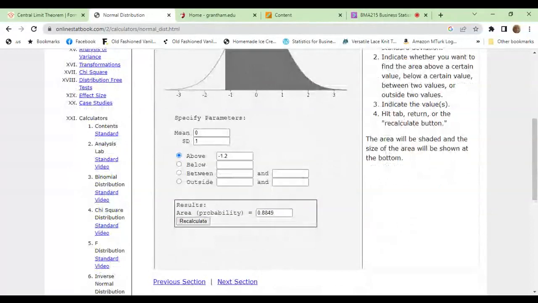Okay, so don't overthink this because this calculator gives us the answer right away. So 0.8849 would be our answer.